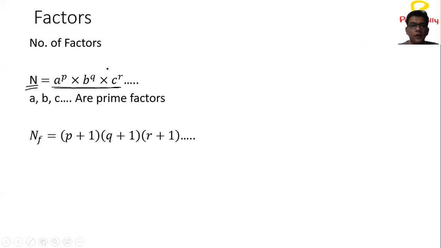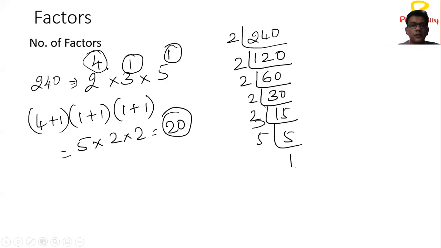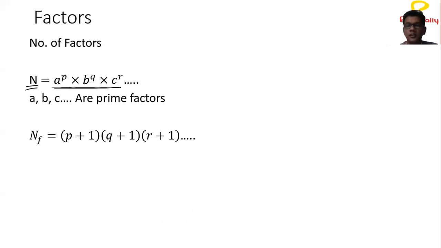This is the same format that you see here for 240. So first write the number in this format. But what is the condition on a, b, c? They should be prime factors, basically factors which are prime numbers.